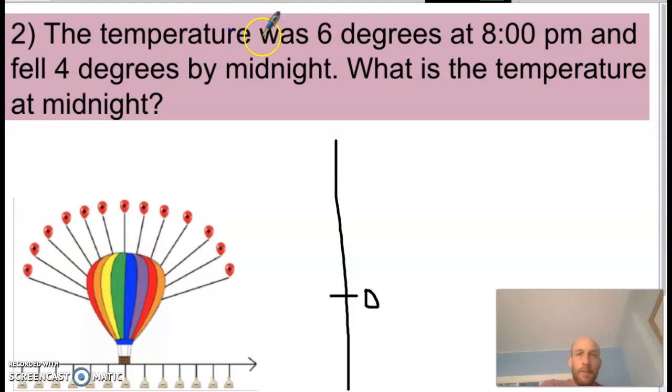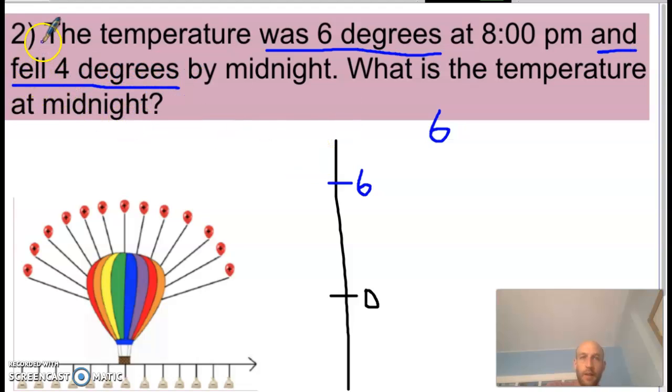Okay, the temperature was 6 degrees. Okay, so we have a starting temperature of 6 degrees. So that's the first number I put in my number line. It's also the first number I put for my expression. And it fell 4 degrees by midnight. Okay, so fell, I think we fall down. We are subtracting or going down.